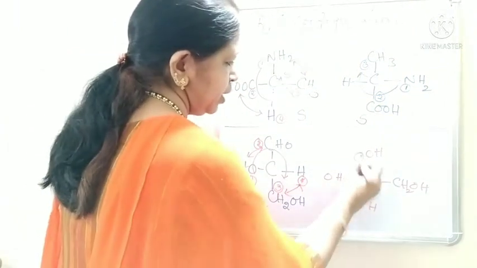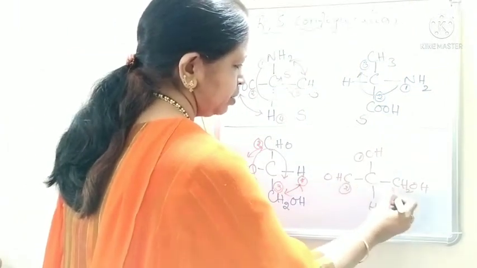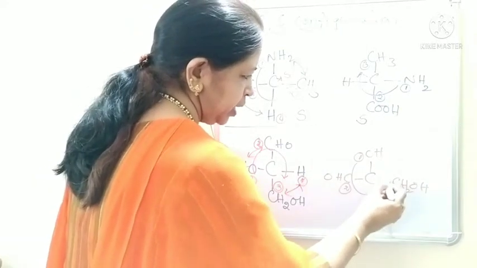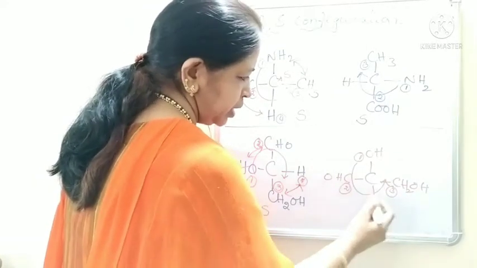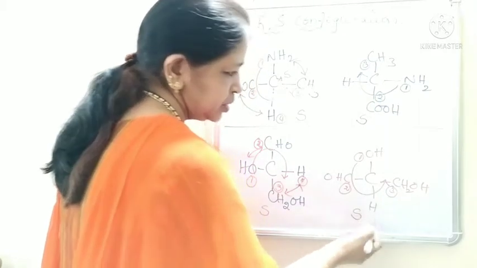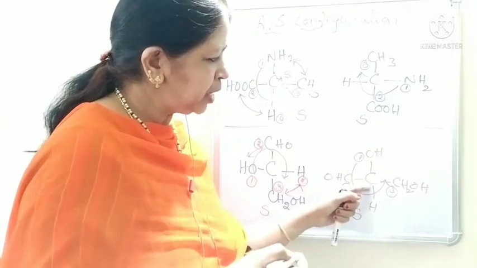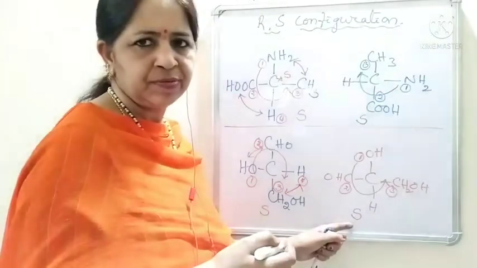Now, first priority, second priority and third priority. It is going in which direction? It is going in anti-clockwise direction. It is S configuration because the fourth priority group is on the vertical line. So, the configuration around this carbon is S.